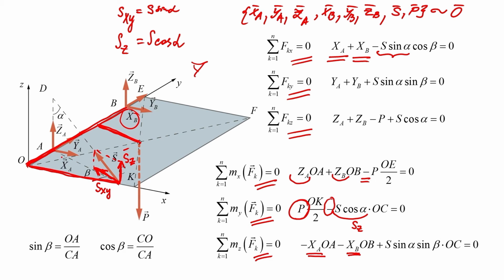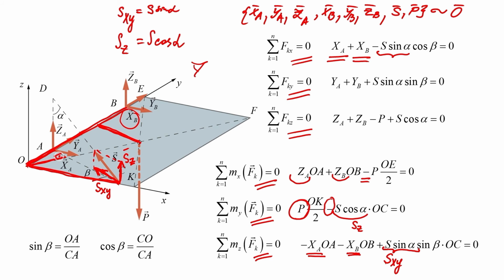The moment of force S with respect to the axis Z is equal to the moment of the component SXY, because the component SZ is parallel to the axis Z and its moment with respect to the axis Z is equal to 0. So let us write down the magnitude of the component SXY multiplied by the distance from the axis to the line of the component's action.